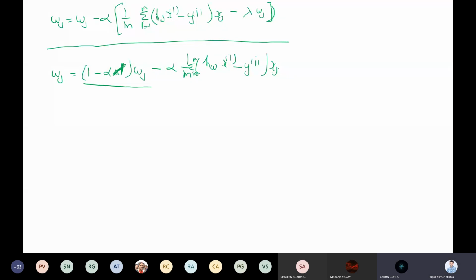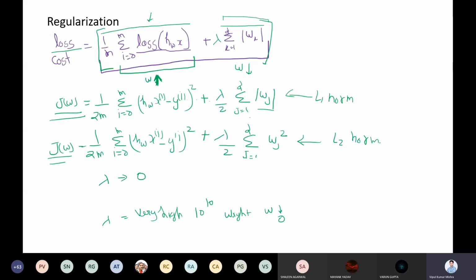No, once lambda increases, what will happen? The weight values will decrease. Let's go back to the error term. If you increase the lambda value, it means you are giving more weightage to this part compared to this part, right? Let me change the color.